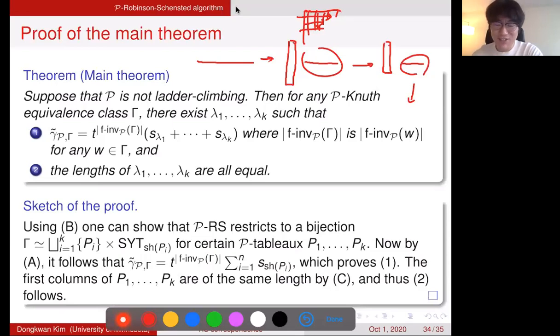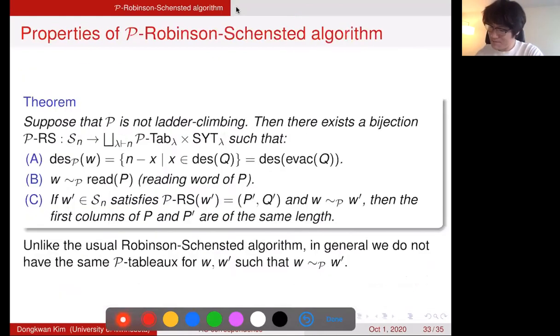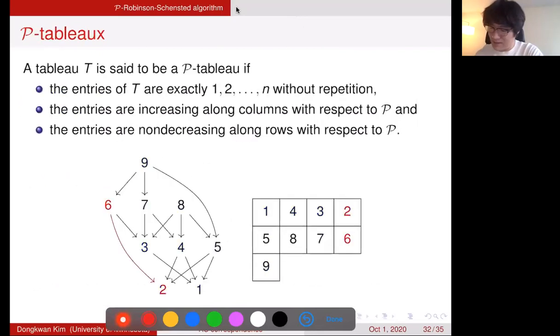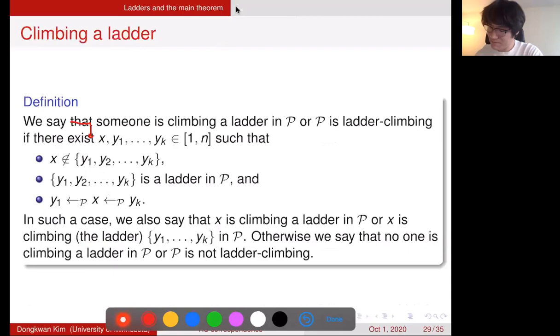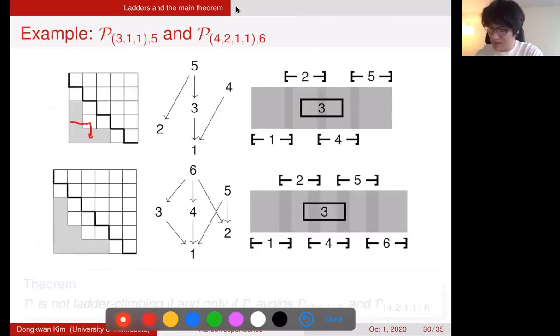It is used several times, and it's a fundamental thing you need in order to prove this property. And if you have a ladder climbing poset, for example this one, then you easily see that the result is not a p-tableau in general.